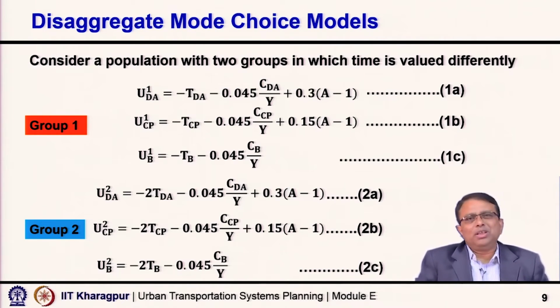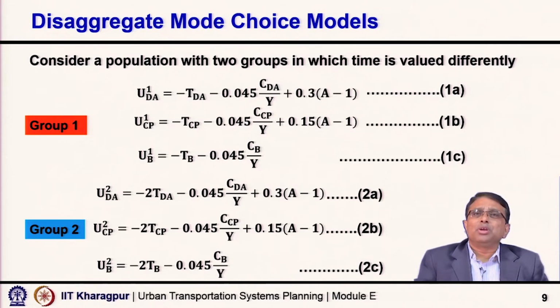It is possible for various reasons. I tell you, maybe trip purpose wise the weightage to travel time could be different. The people going to office may be different. Gender wise, male female, the weightage could be different. Income, of course, here some variable is considered.